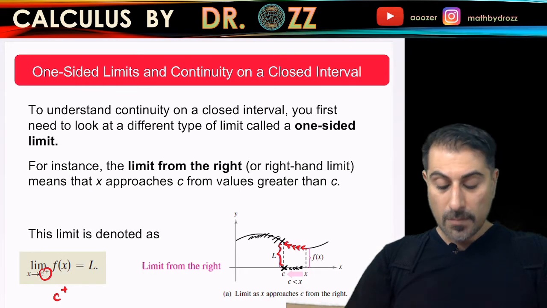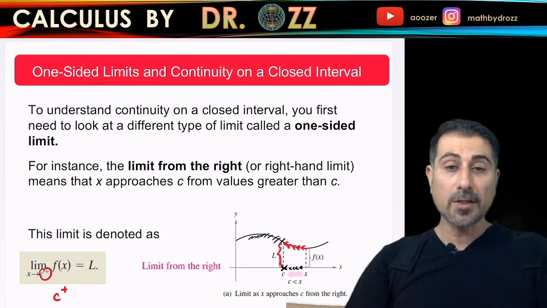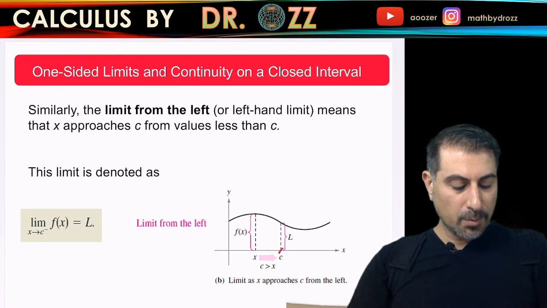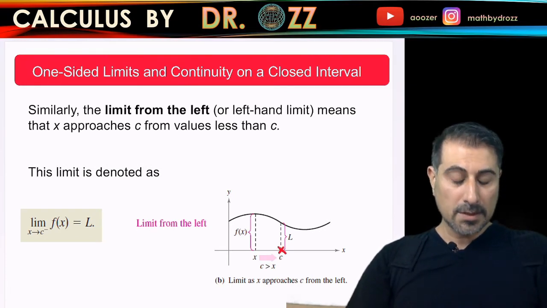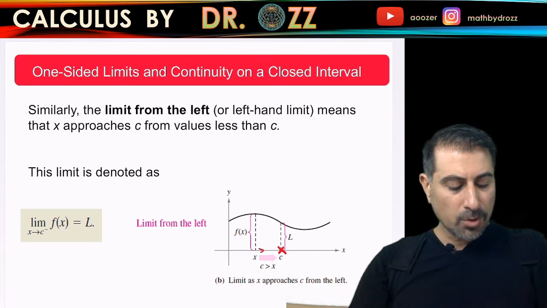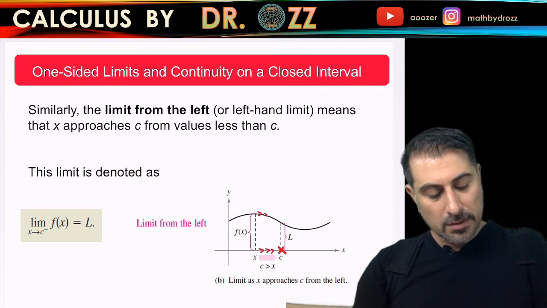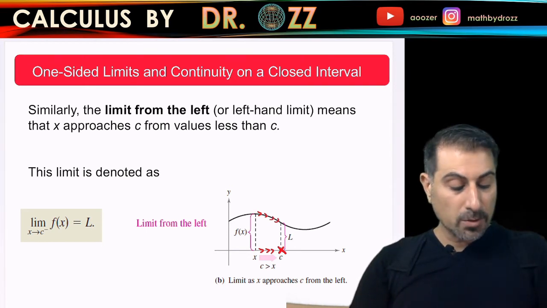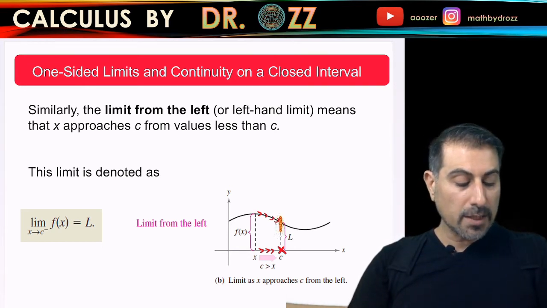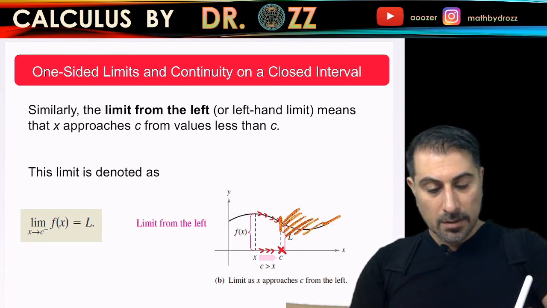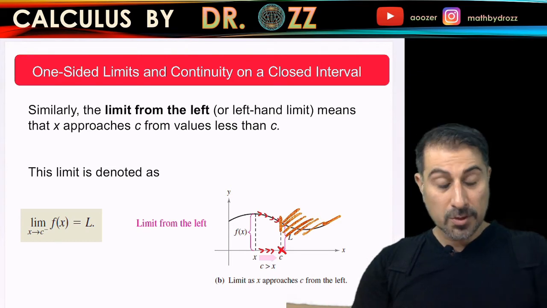And there's a similar concept for the limit from the left. This time, the point of consideration is x equals c, and I'm interested in x's on the left of c. So I'm going in this direction on the curve, and I do not care about what's going on on the other side of the graph. All I'm checking is if the function values approach a specific value.